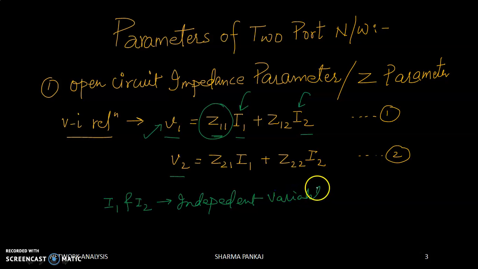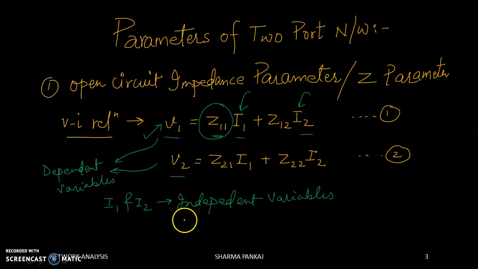Why am I explaining all this? Because in further analysis or in some of the numerical problems, this terminology is used, that we have independent variables and we have dependent variables. And V1 and V2 are dependent variables. Both are variables, but the nature is one is independent and the other is dependent.